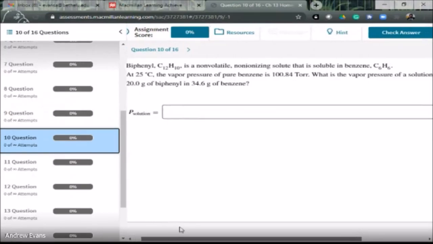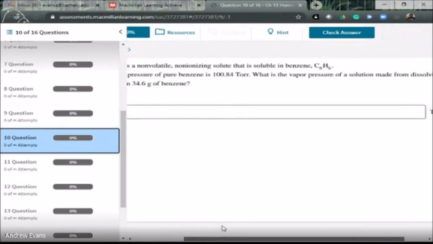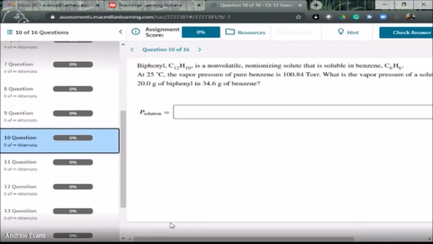The vapor pressure of pure benzene is 100.84. What is the vapor pressure of a solution made from dissolving 20 grams of biphenyl in 34.6 grams of benzene? This is Raoult's law, that pressure equals X of the solvent times your P star or P naught.